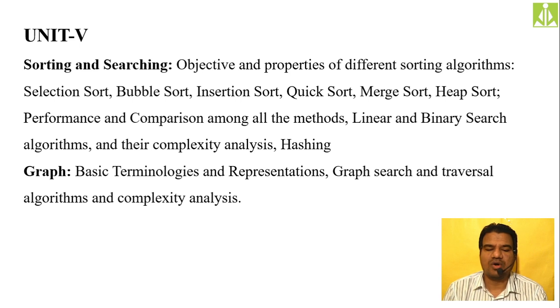Overall, seven different sorting techniques: selection sort, then bubble sort, insertion sort, quick sort, merge sort, and heap sort. Then two searching techniques, linear sequential search and binary search, which we have to discuss.